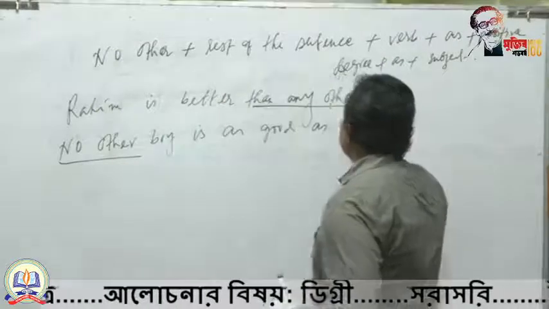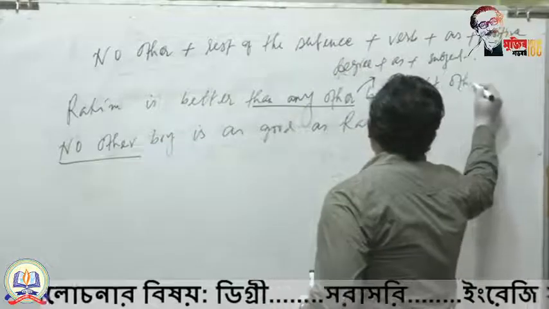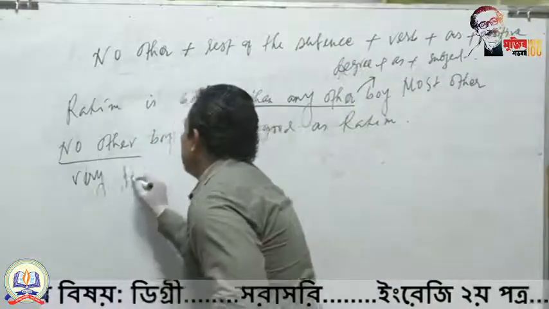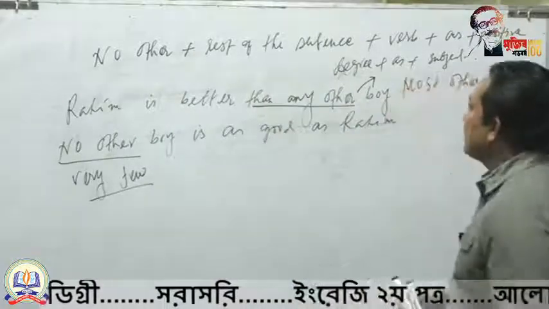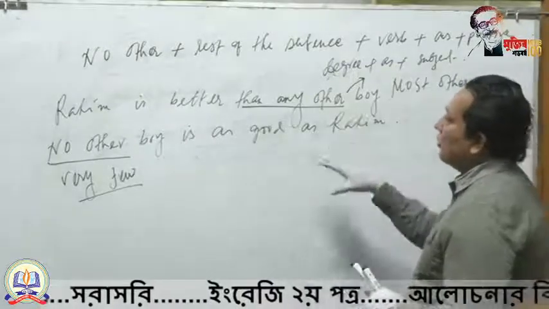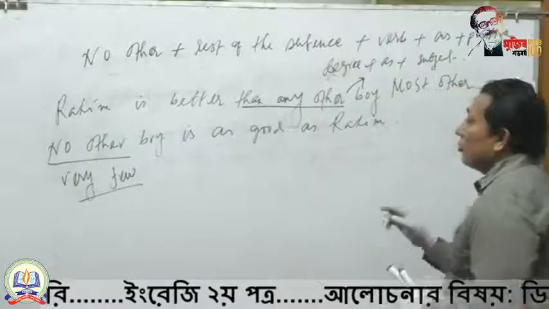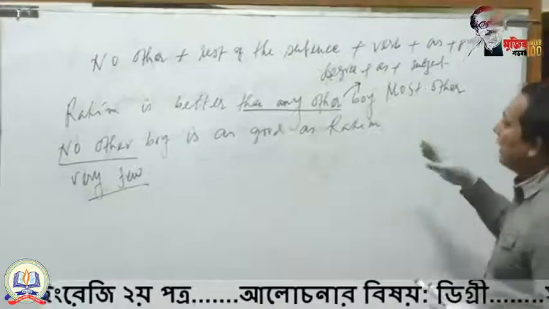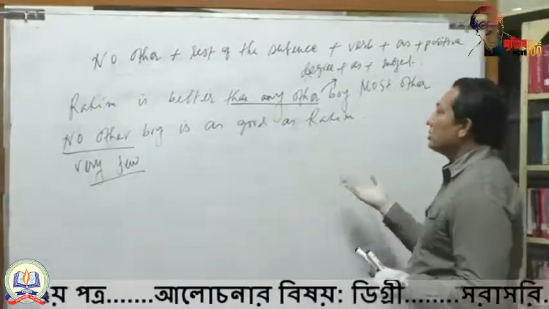If you get "most other", you have to use "very few", and the rest of the structure will remain the same. That means if you find the comparative degree "Rohim is better than most other boys", at that time, you have to make the positive degree by using "very few". Very few boys are as good as Rohim.